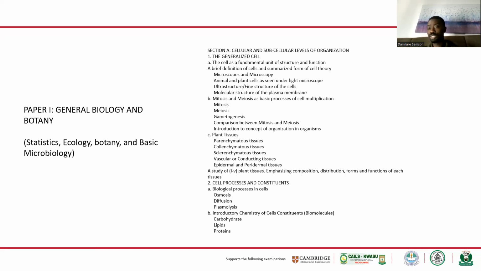That's the cell, the tissue, the organ, and so on. So plant tissues, the parenchyma tissue or parenchymatous tissue, parenchyma, sclerenchyma, vascular tissues, and other stuff. So we talk about osmosis, diffusion, plasmolysis. Those are the things we'll be dealing with.